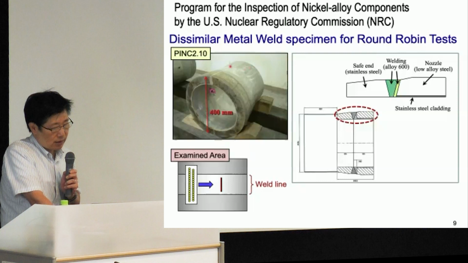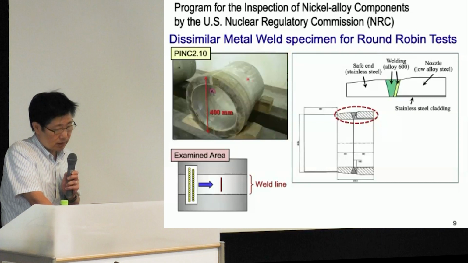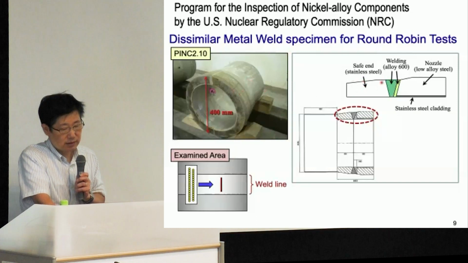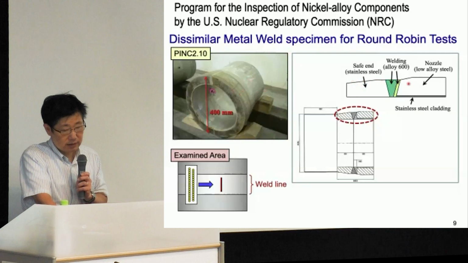This is one of the round robin test samples. This is a dissimilar metal weld specimen, and this is a safe end. This part is a safe end made of stainless steel, and this is a nozzle made of low alloy steel.